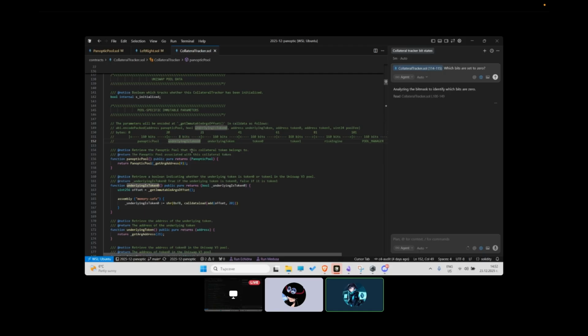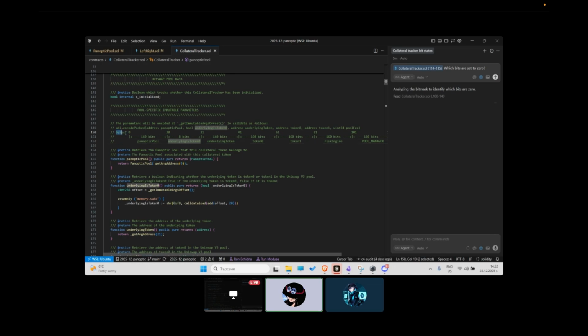So it will go from byte 20 to 52, and we only want one byte, so we need to remove all the stuff to the right.